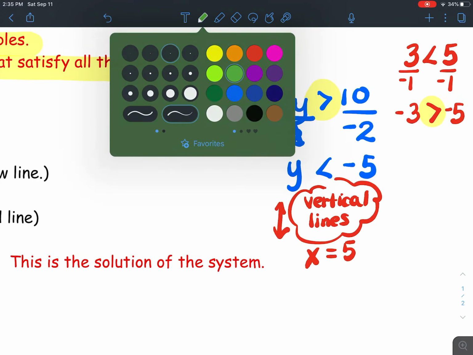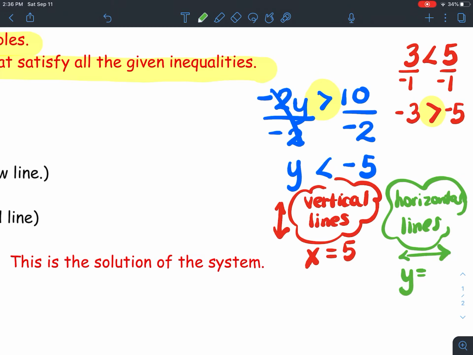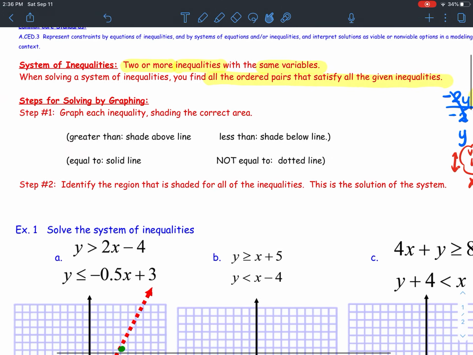Whereas horizontal lines, lines that look like this, have a y in them with no x and then a number. So vertical lines are x equals, and horizontal lines are y equals, and that will come up particularly with the word problems that we're going to be looking at here today.